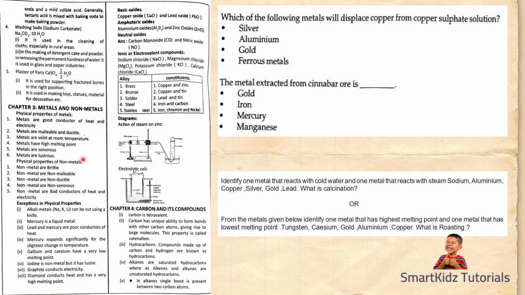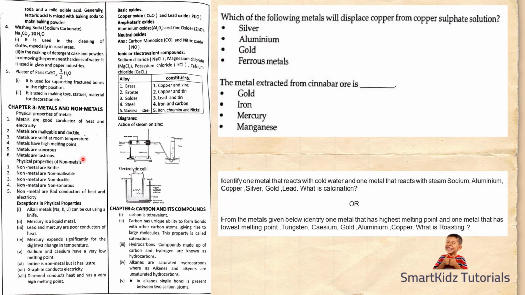For example, iodine has luster. Mercury is a liquid metal. Usually, non-metals don't have luster, but iodine is a non-metal and still has luster.